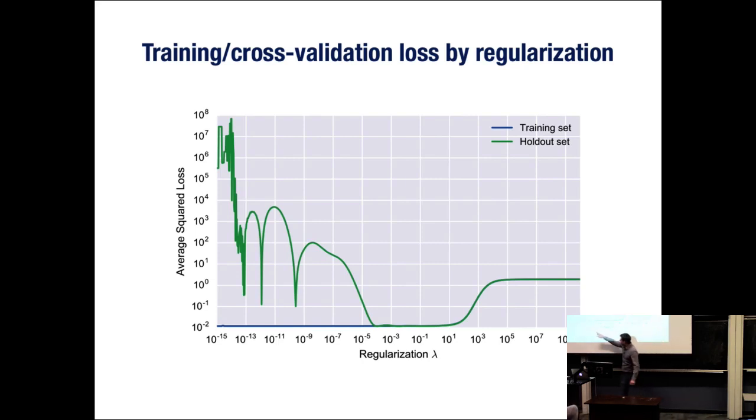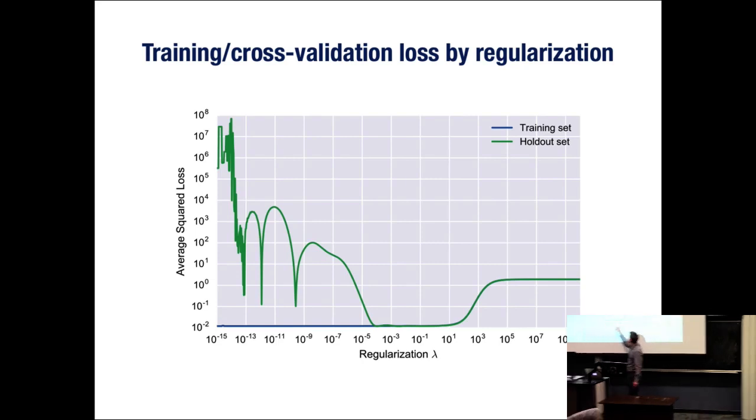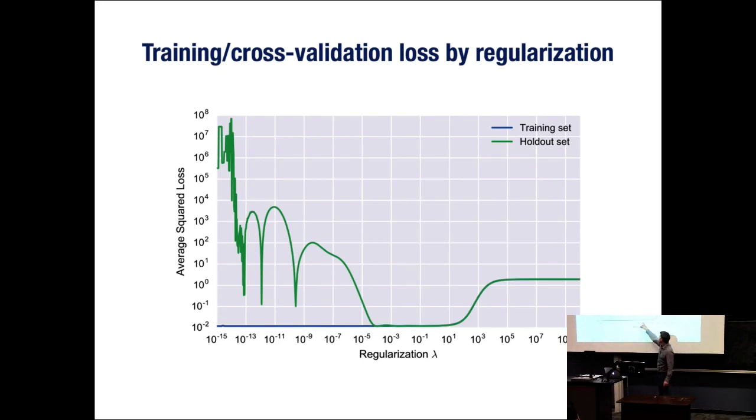But as we increase our regularization, we start to reach some area where we actually have fairly low loss, both on the holdout set and on the training set, right? So in this region here, we seem to be doing pretty well. This is similar to how we performed when we used a reasonably low degree polynomial. We're just using now a 50-degree polynomial and regularizing it.